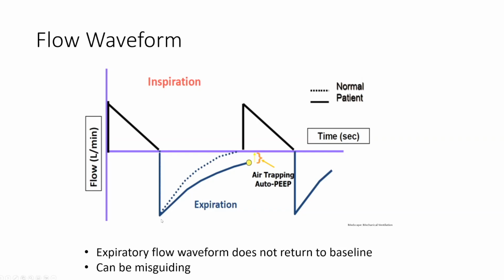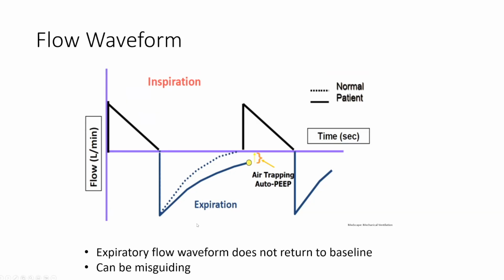In a patient with AutoPEEP, the flow waveform does not return to baseline before the next breath takes off. So that basically tells you that there is still some end expiratory flow that's not getting out of the lungs before the next breath is starting. That tells you there could be a progressive rise in intrathoracic pressure, just because there's still volume that needs to get out of the chest.